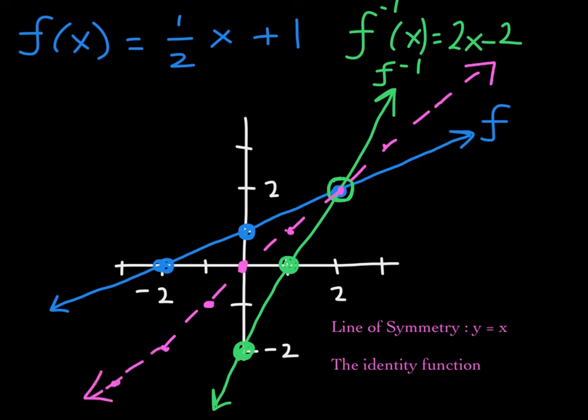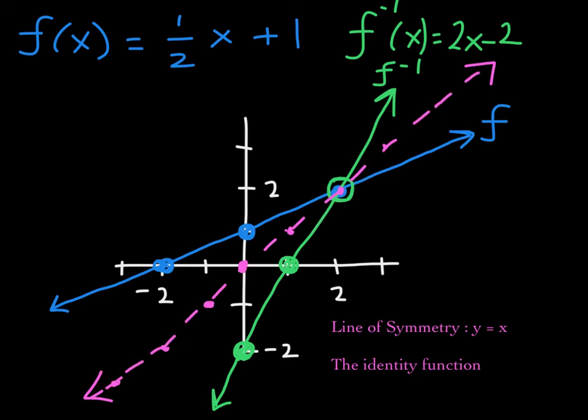Now, this is always your line of symmetry. Now, this is the very, very important thing that you should remember about the line of symmetry. The graph of any function and its inverse will be mirrored images of each other with respect to this line. In other words, the line of symmetry acts like a mirror.